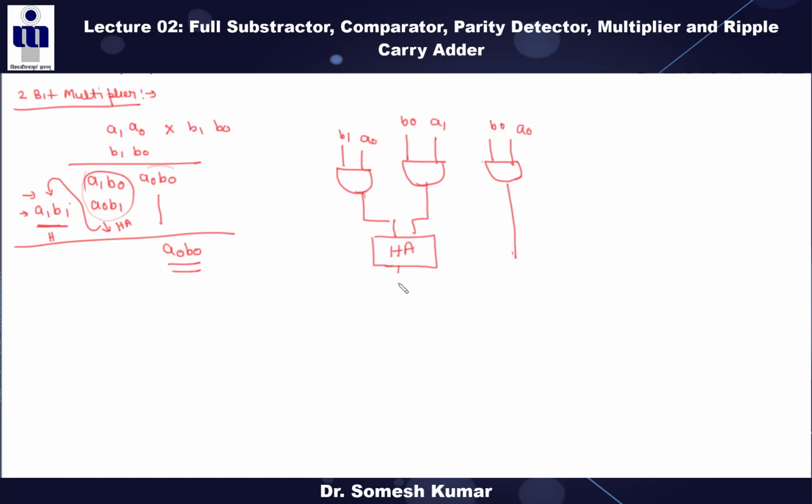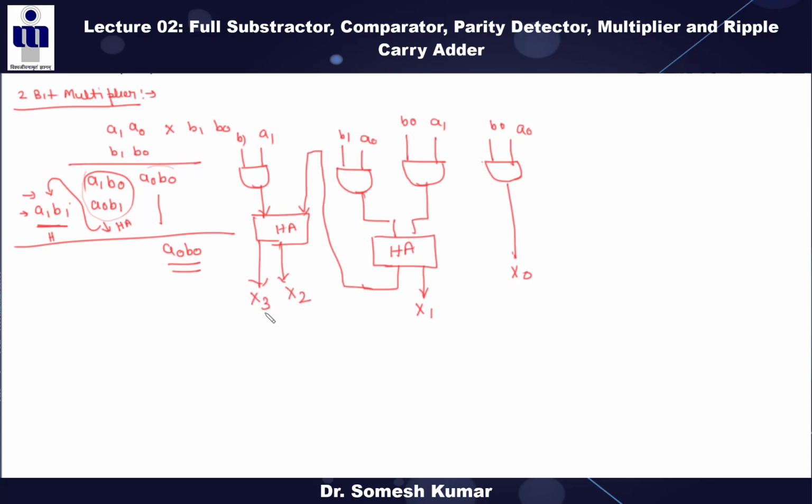From this half adder, if there is some carry, it is given to the next half adder. And this is one more AND gate, that is A1 B1. This is the carry of the half adder and this is the sum of the half adder. So we can say these are X0, X1, X2, X3.